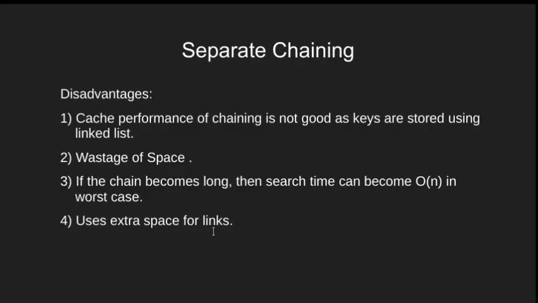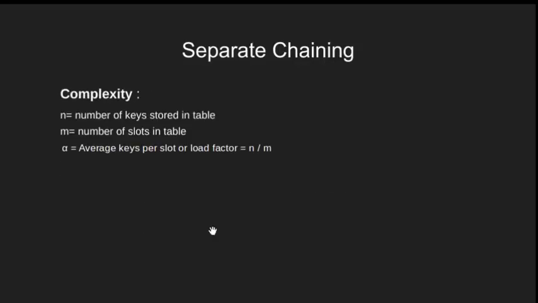Let's finally look at the performance of separate chaining. For this, we define load factor alpha, which is n by m, where n is the number of keys and m is the number of slots in the hash table. This load factor is basically the average number of keys per slot, given an assumption that each key is equally likely to be hashed to any slot of the table, independent of where other keys are hashed.